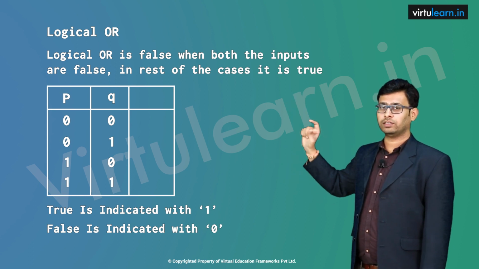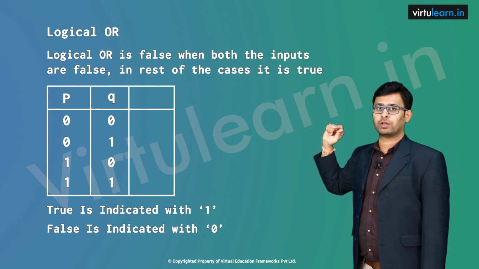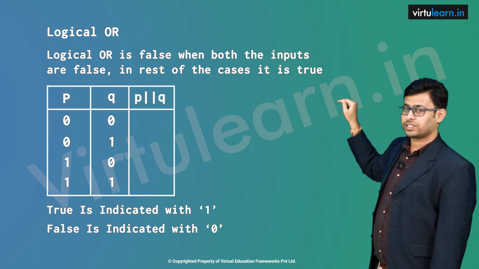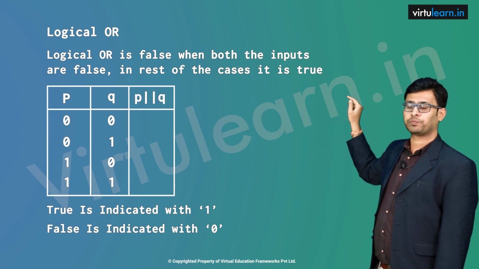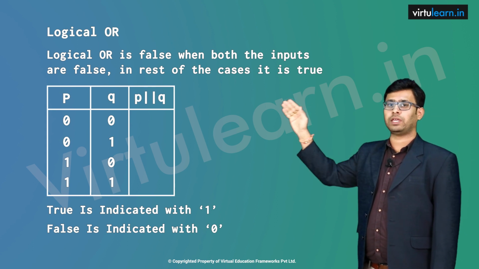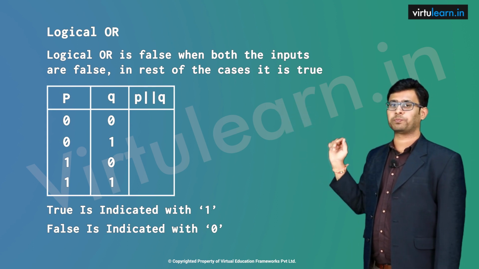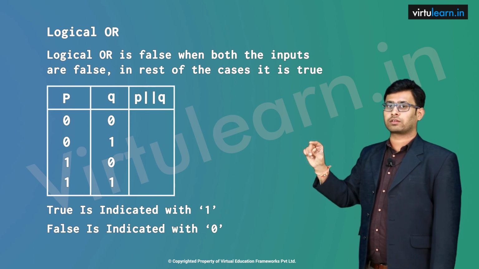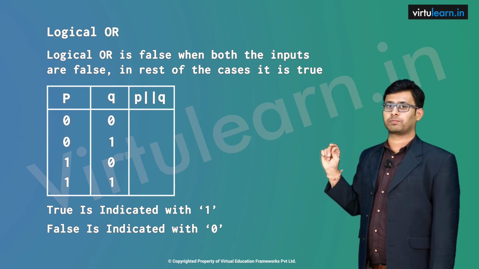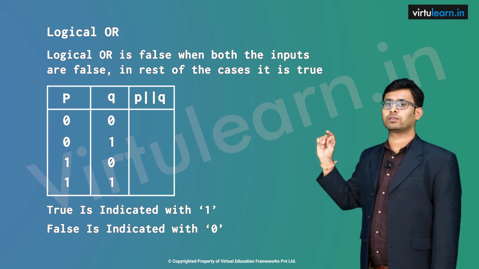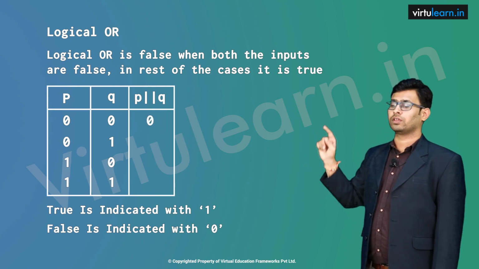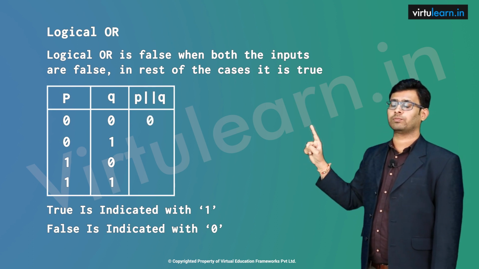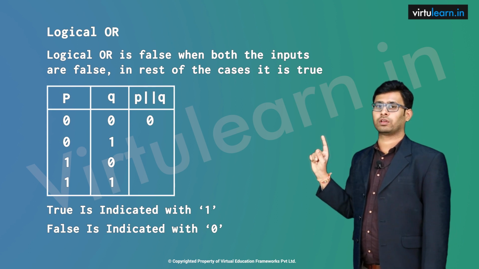Now let us see the logical OR. P logical OR Q will be: false or false, the result is false. That is 0 or 0, the result is 0.